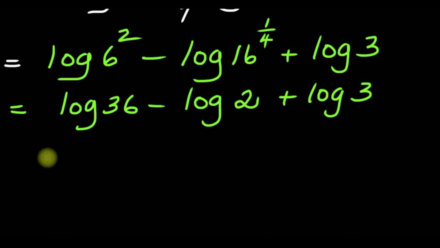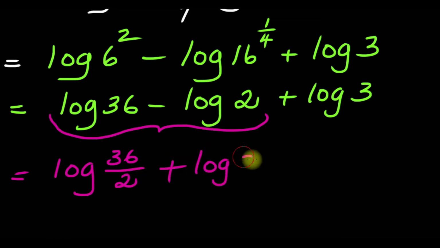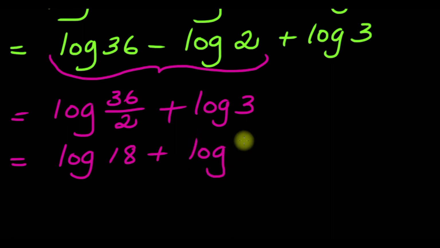Now we have to apply the quotient property here. So that is going to be log of 36 over 2, which gives us 18, and then plus log 3.